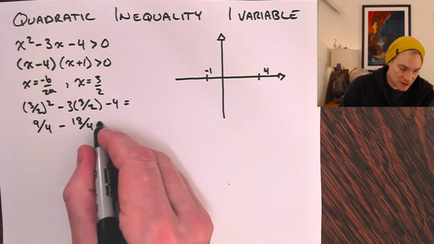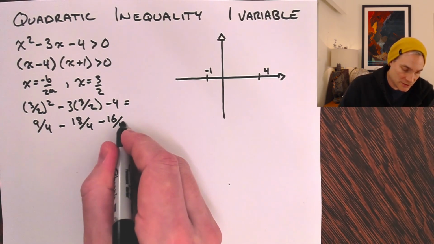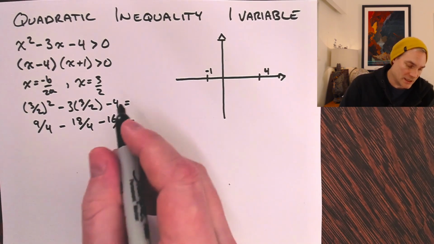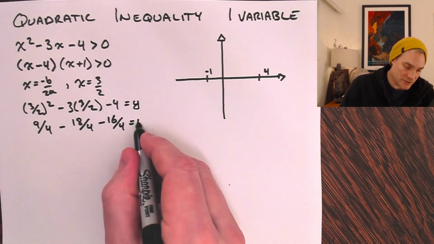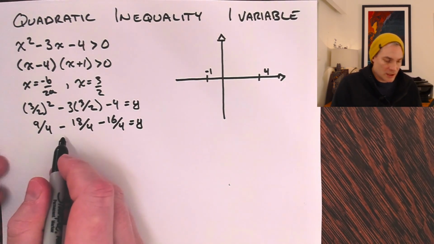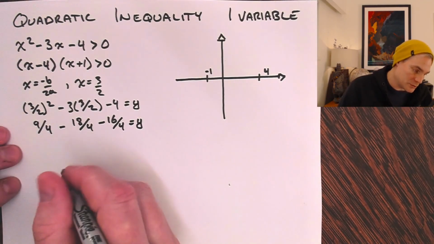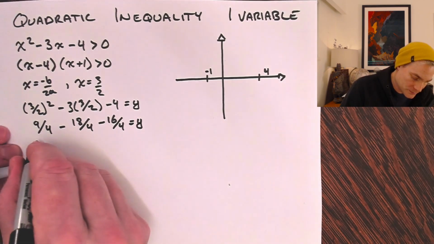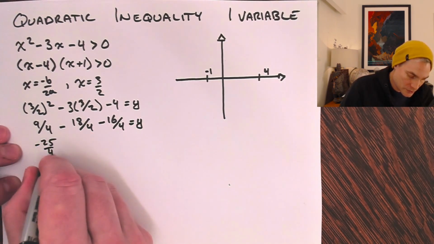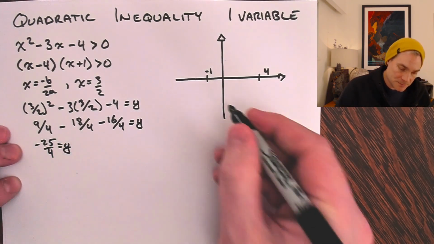And 4 is just 16 over 4. And that equals my y for the vertex. So we resolve this, and what we find is it's actually just -25 over 4. So that's -25 over 4 is my y component.